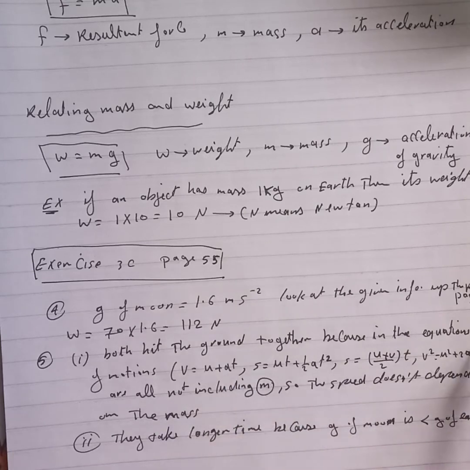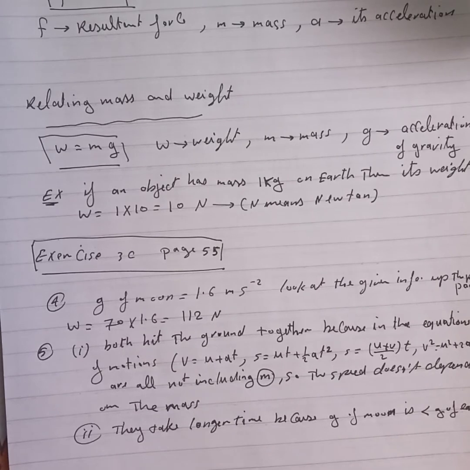You can notice that they do not include mass. So all of these equations do not include mass. That means mass is not a factor in the speed, so the speed does not depend on the mass. This is for you to know.